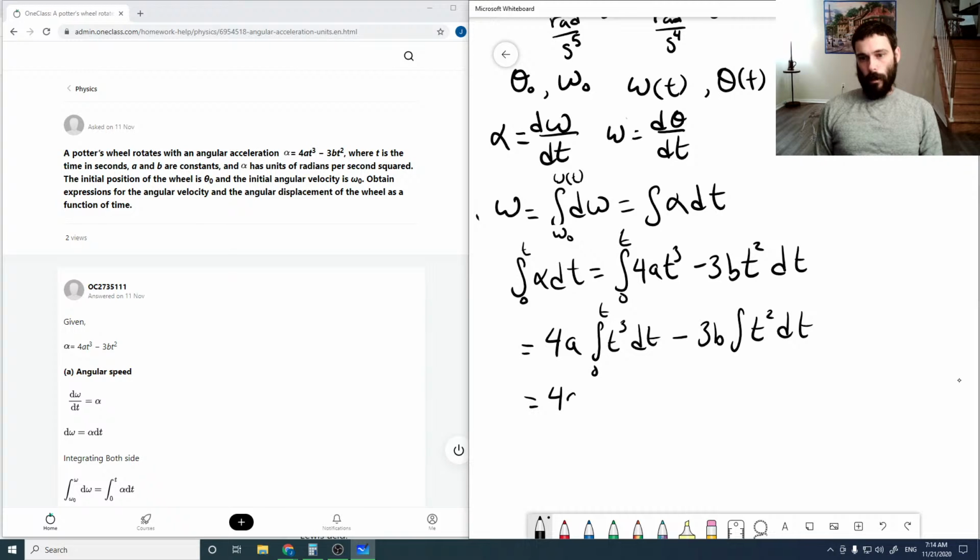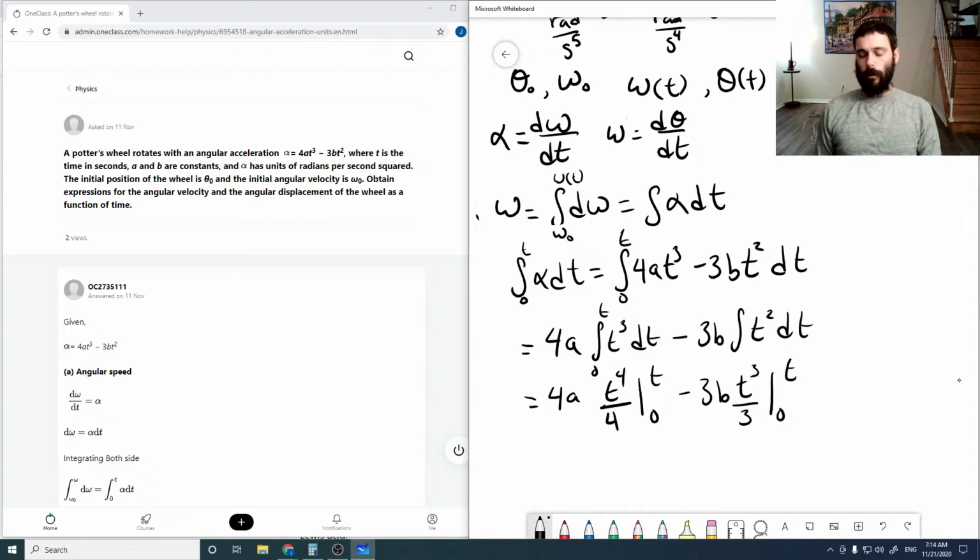So it'll be 4a times t to the fourth over 4 from 0 to t minus 3b t cubed over 3 from 0 to t. And so this will be t at the top and 0 at the bottom.